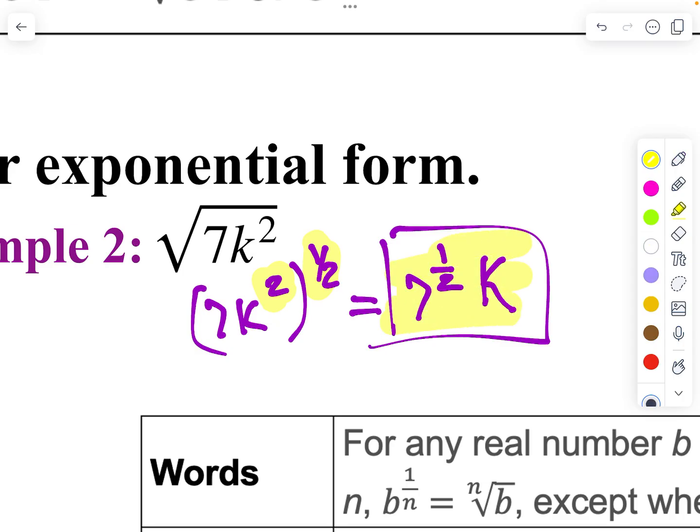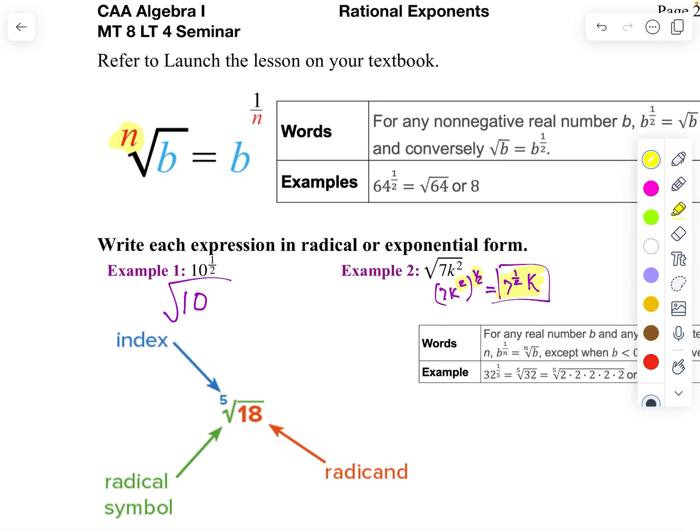When your index is 2, or when you have a square root, we don't write it, so it just means square root anytime you see that. Now what happens if it's not 2? In that case, we write it with an index, like this one means the 5th root of 18. I'm saying, what number times itself 5 times equals 18?